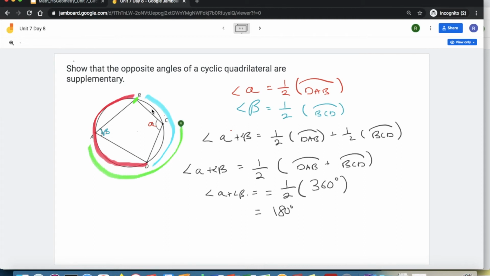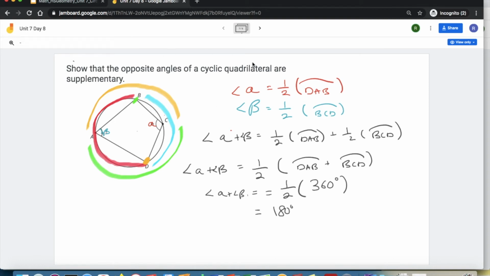And if I do the same thing for angle D, which I'm highlighting in yellow, I should notice that the yellow arc and the green arc also make up a full circle, and they're also going to add up to 360 degrees. So this is a way to show that opposite angles in a cyclic quadrilateral are going to be supplementary, for a basic understanding of the idea.